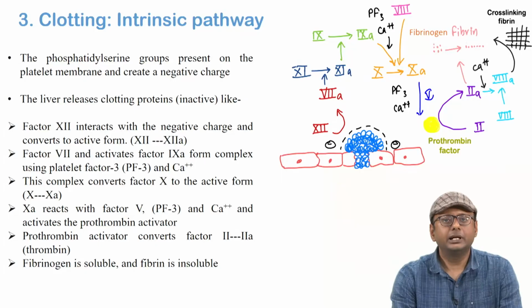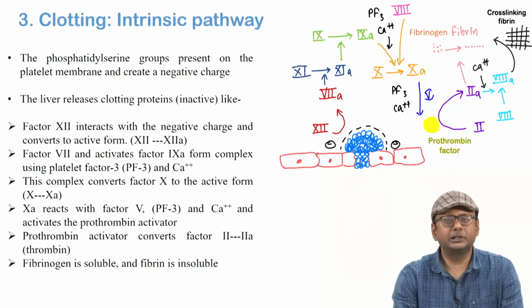But in the case of the extrinsic pathway, a direct injury is required, and whenever there is a direct injury to our body, the tissues near the injured area secrete tissue release factor, or tissue factor 3, and once this factor is secreted, it activates the clotting pathway. So, this is basically a very simple difference between the intrinsic and extrinsic pathway, and let us see one by one how it works. First we will discuss the intrinsic pathway.